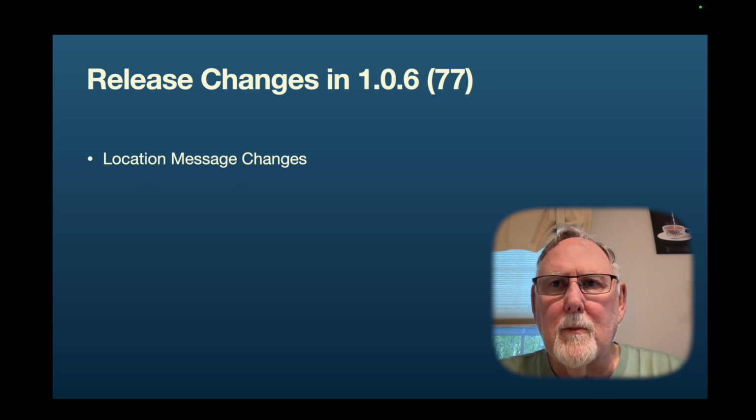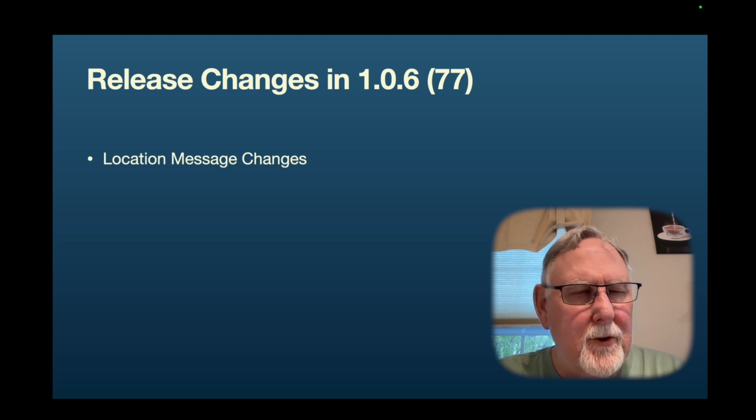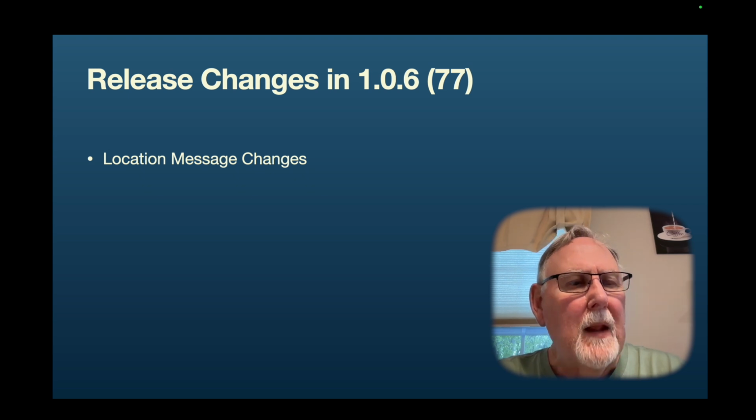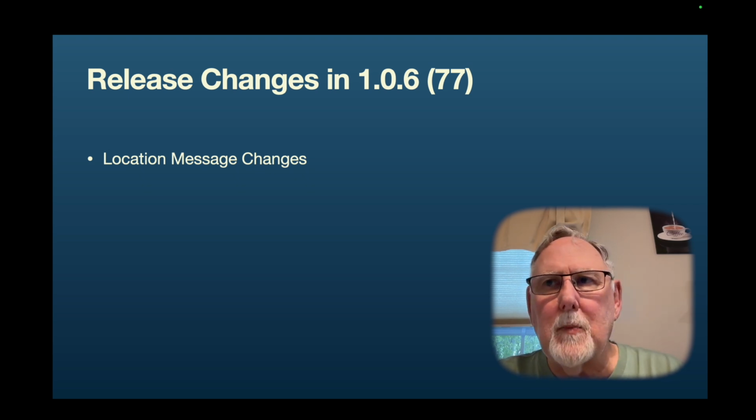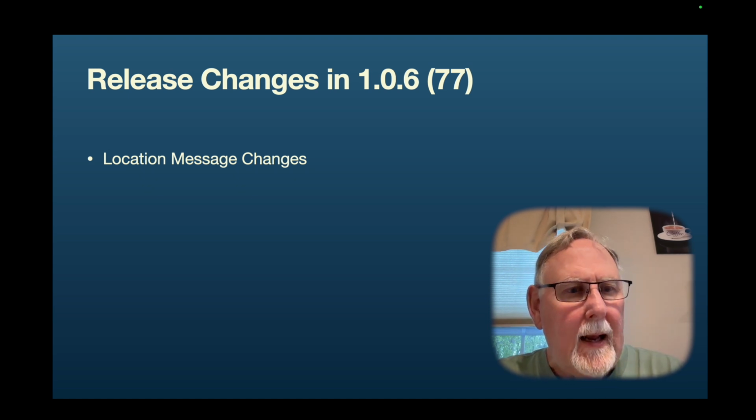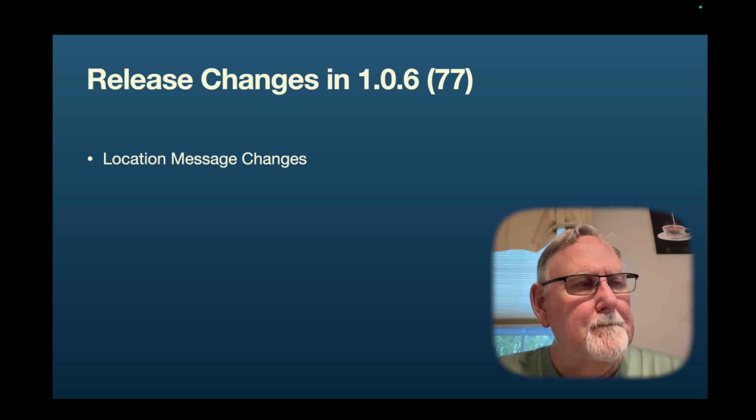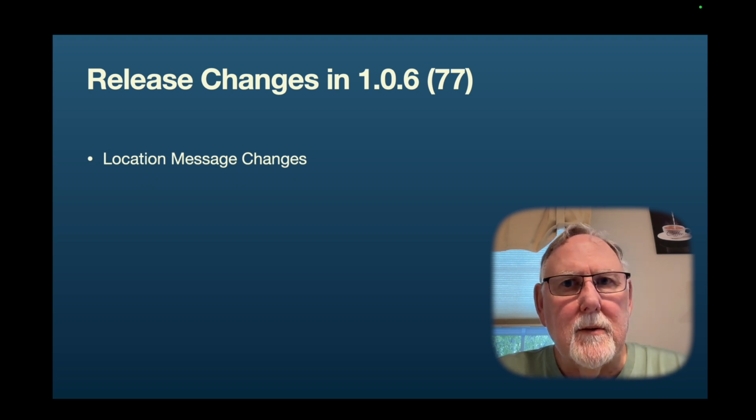Right before the Iron Butt Rally, which was early in June when this was discovered, a change made at the Spotwalla website caused me to have to make a quick change for a couple of my beta testers. And that change was I needed to add to the location messages.